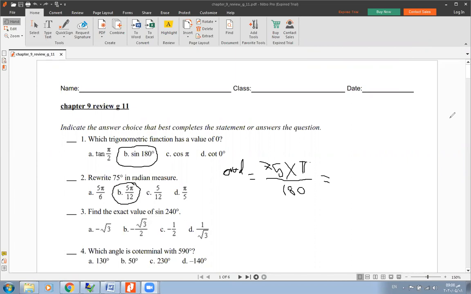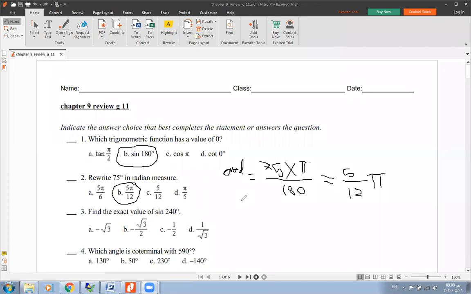First, 240 minus 180 equals 60. Sin 60 equals root 3 over 2. It's in the third quadrant and it's negative. So the answer is B. Excellent, Abdullah. Abdullah starts by getting the angle, which is 60.